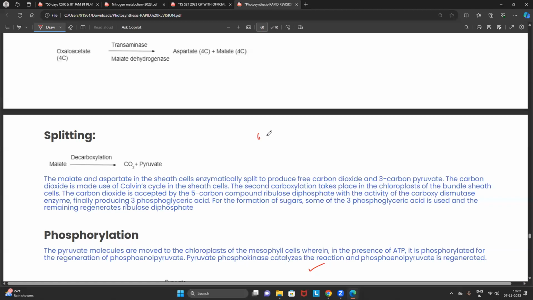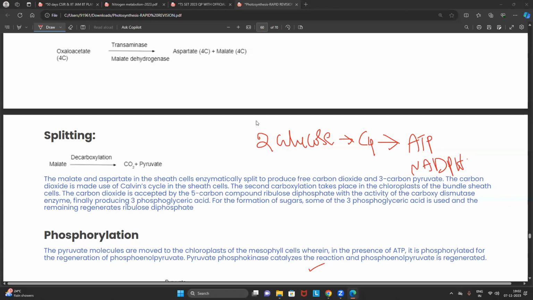My question is, in order to produce two glucose molecules in a C4 plant, how many ATP and how many NADPH are required? I want every student to answer the question.